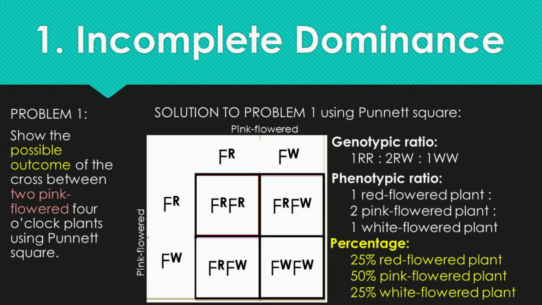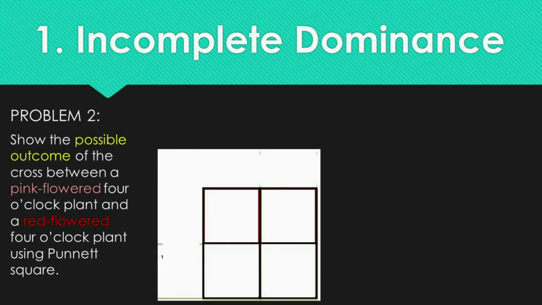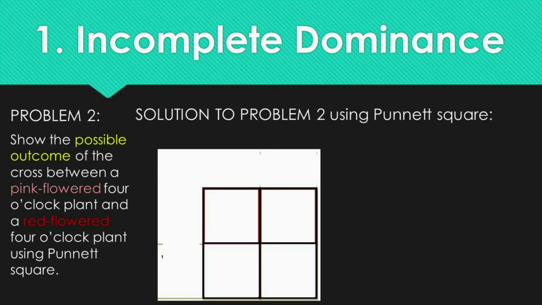Let us solve another problem for incomplete dominance. Show the possible outcome of the cross between pink-flowered 4 o'clock plant and a red-flowered 4 o'clock plant using Punnett square. To solve the problem, we have to use the Punnett square. First, identify the parents to be crossed. In the problem, the parents are a pink-flowered 4 o'clock plant and a red-flowered 4 o'clock plant.